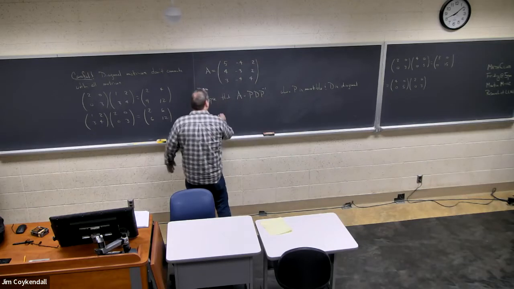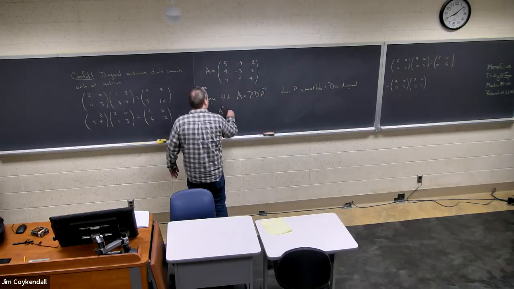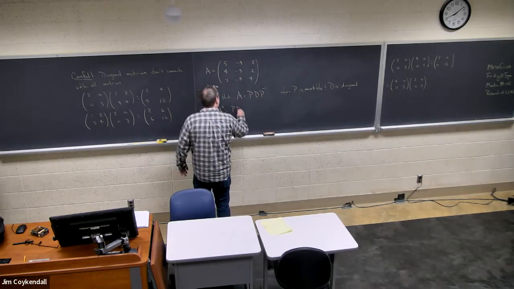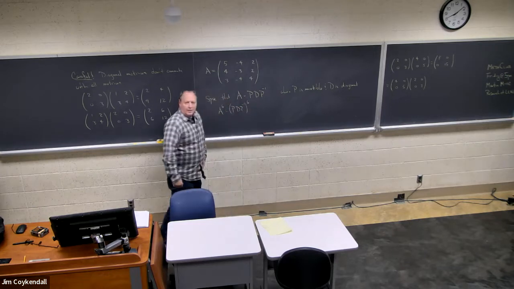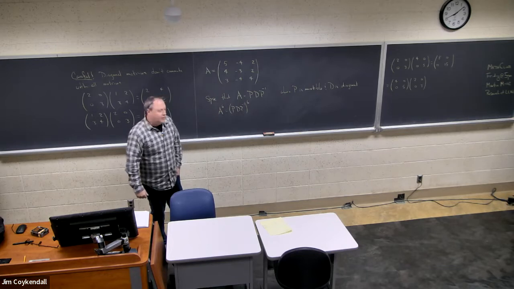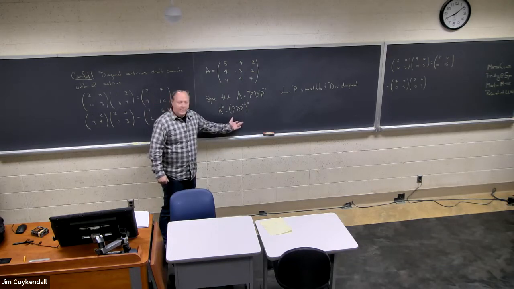Notice that now, for example, A to the 6 is P D P inverse to the 6th power. So if I want to figure out the 6th power of A, I'll have to do the 6th power of this.